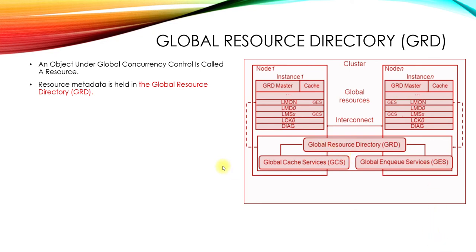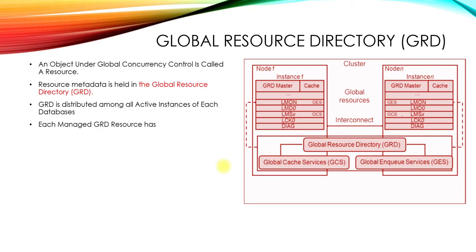Now every managed GRD resource has a master data structure. So let's say this is a box, and under it there is a resource. It has a master data structure. A GRD resource has a master data structure and a shadow metadata structure.